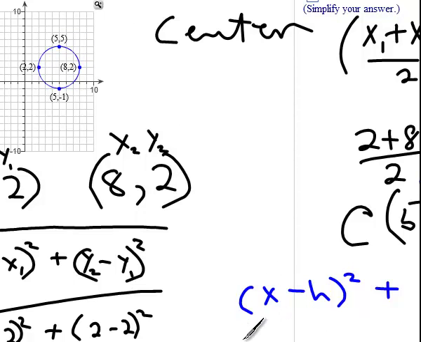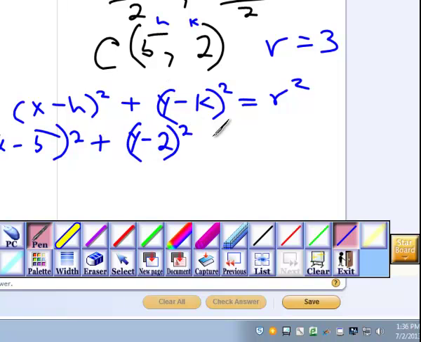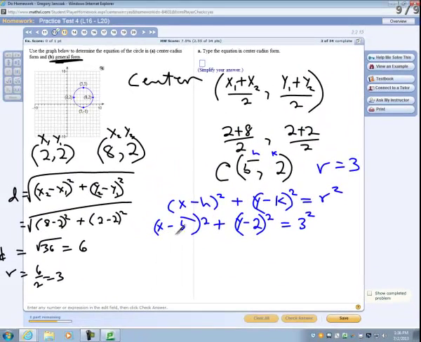So this would be (x minus 5) squared plus (y minus 2) squared equals 3 squared. And so now we have to square these, right? But what do we have to do here? This x minus 5.